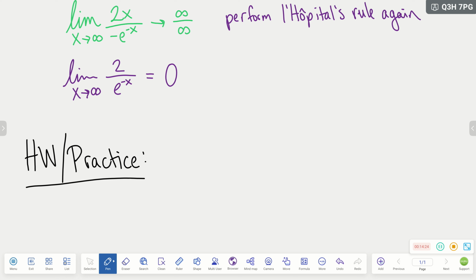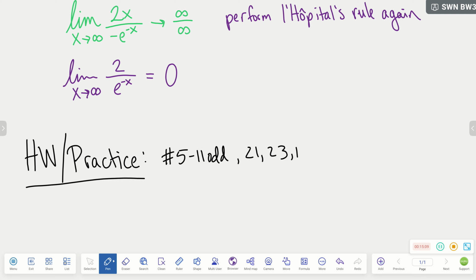Let's do 5 through 11 odd, and 21, 23. Let's see, what are the AP practices for this section?